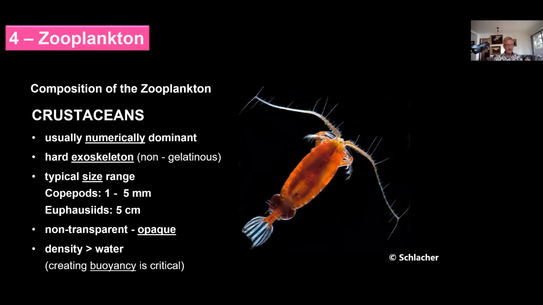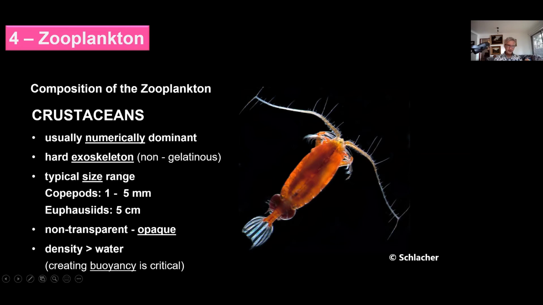Basically, it beats the antennae, almost like a butterfly swimmer. And it is said that this particular fellow here, Calanus finmarchicus, is the world's most numerous or abundant animal, by a long shot probably. In terms of numbers, crustaceans dominate the plankton.